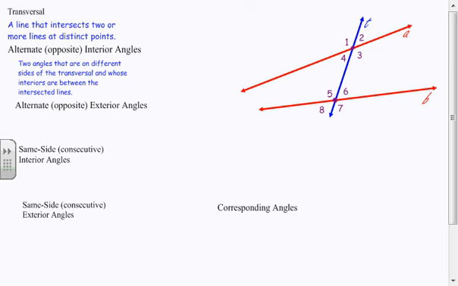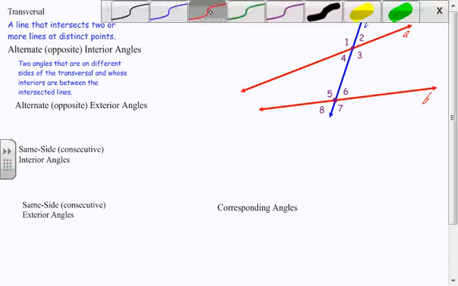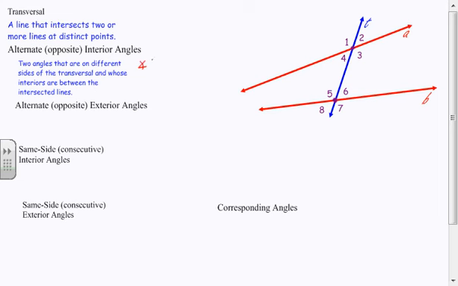Okay, in this picture, some good examples of that would be angle 3 and angle 5. Those are alternate interior angles.